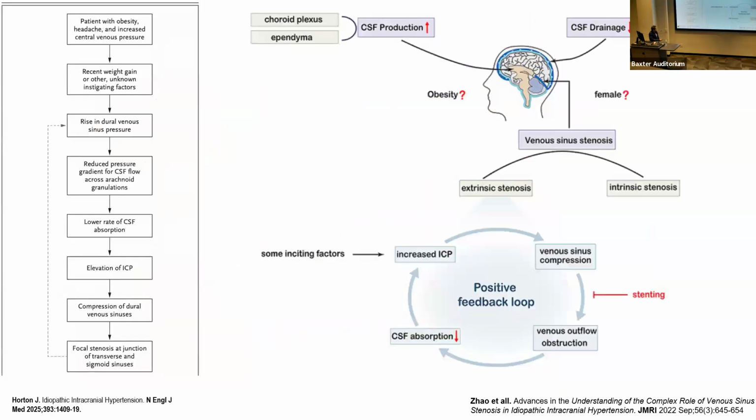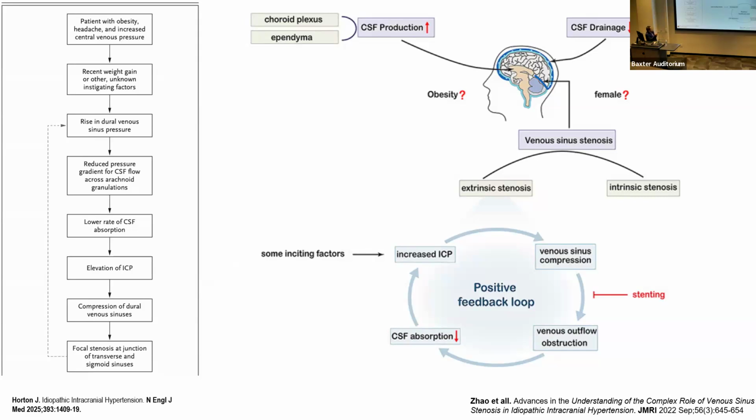So this is a paper from a week ago in New England, trying to show what's the best understanding now about this condition. So a patient usually with obesity, headaches, and increased central venous pressure gains more weight, or maybe there are other factors, but that produces an increase in the dural venous sinus pressure.